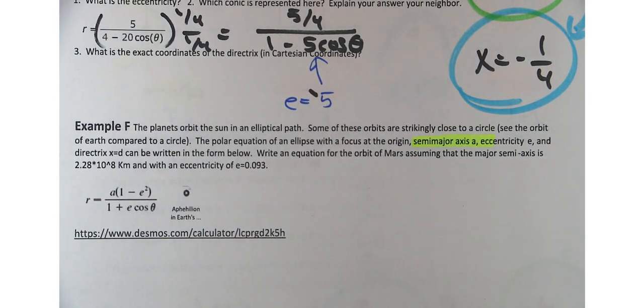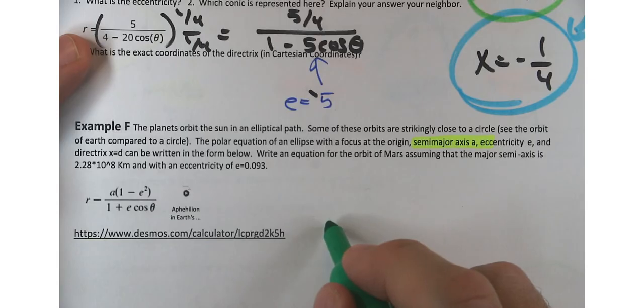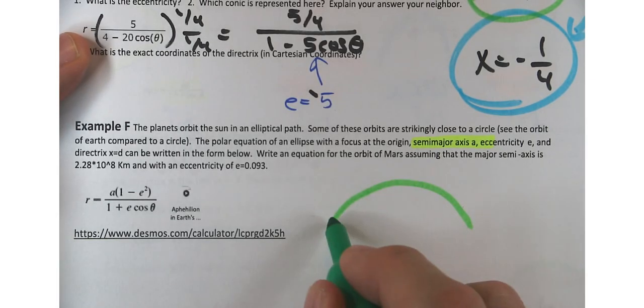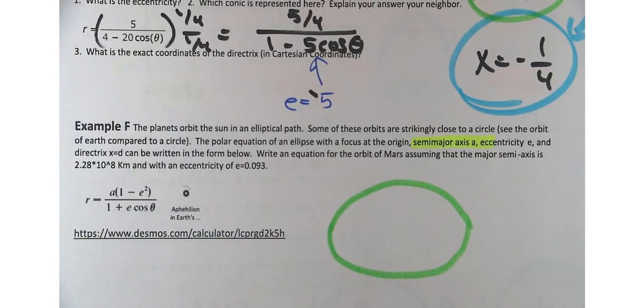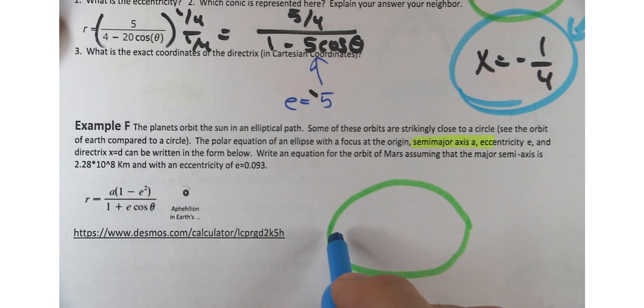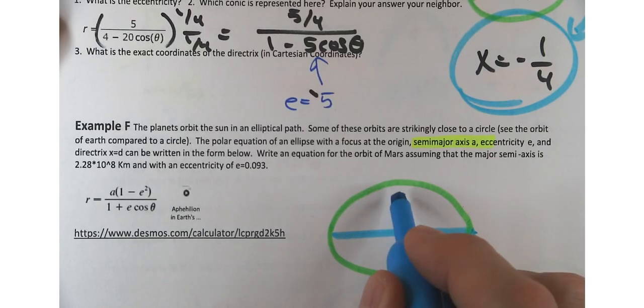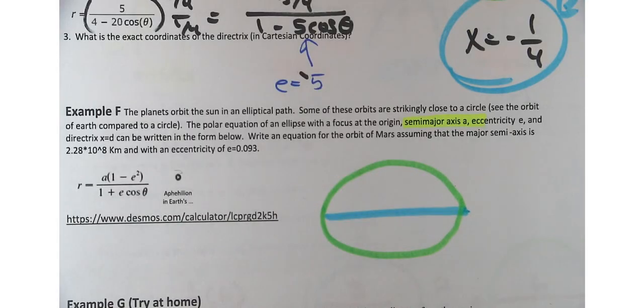Let me draw a little ellipse here. I drew this hopefully long enough so that you can see that the major axis is along the horizontal direction.